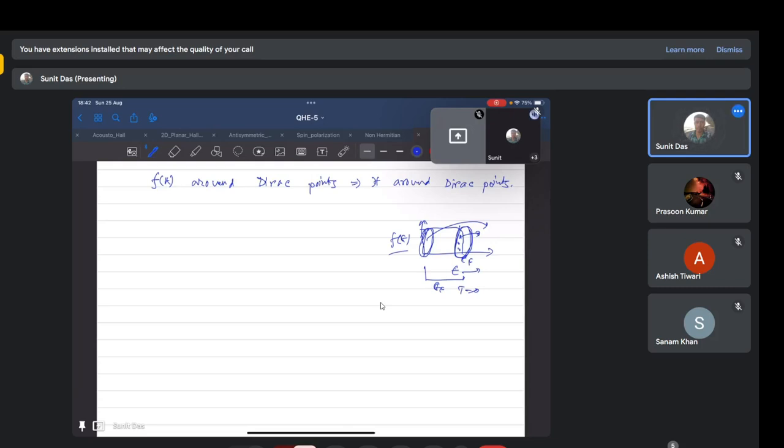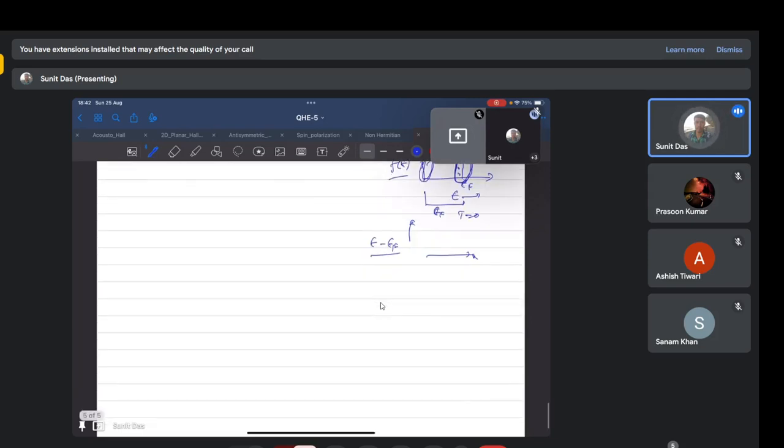Okay, and the band structure that we draw is energy minus epsilon F and how it goes over k and so on. So when you say that graphene's band structure looks something like this, this was epsilon minus epsilon F, and this was k.